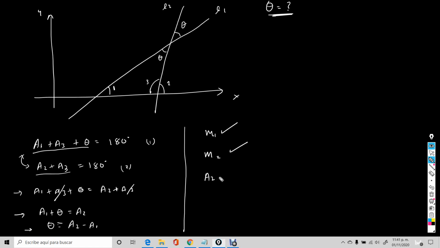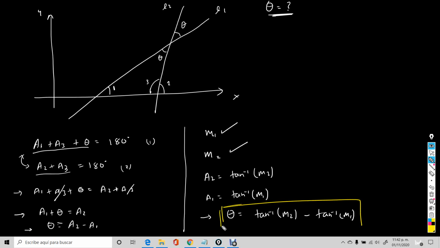Angle 2 will be equal to the inverse tangent of M2, and angle 1 will be equal to the inverse tangent of M1. And that's it, guys. Now all we need to do is go like this. Theta is equal to inverse tangent of M2 minus inverse tangent of M1. That's how you find it.